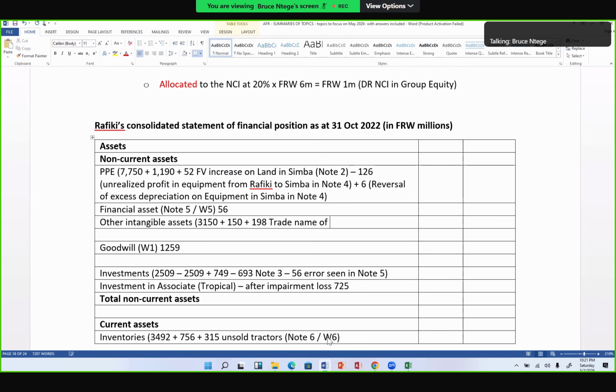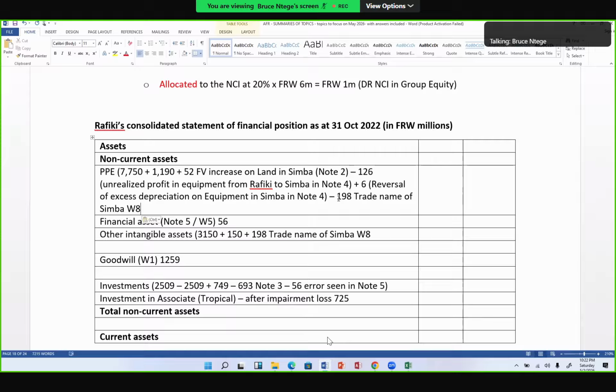But we shall also go back and allocate to the non-controlling interest because Simba is a subsidiary. This is coming from working 8. While the credit, I'll take it out of the PPE because that's where they wrongly put it. So I'll come to the PPE line. It's a minus 198, which is that trade name in Simba, which should not be in PPE.